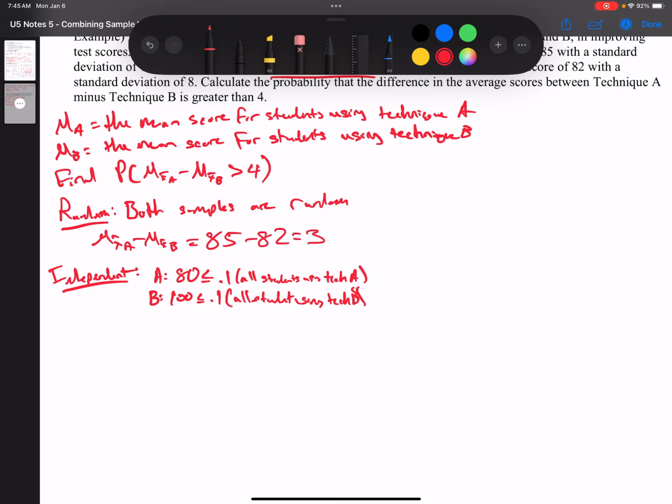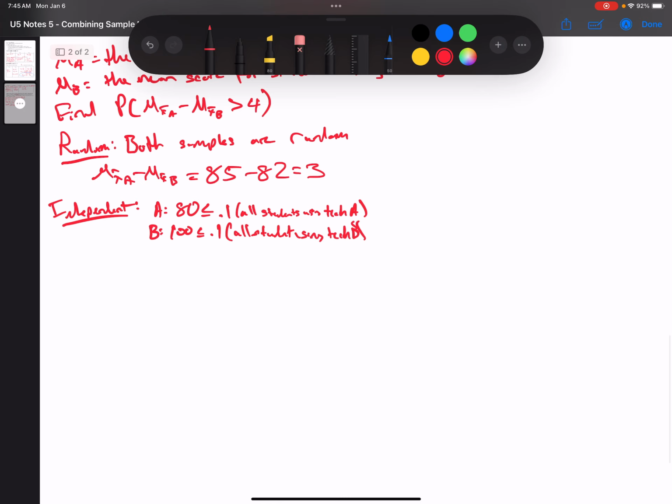In order for us to sample without replacement, we're just going to assume that this is a fair assumption. We're going to assume that this is less than 10%. Okay, so fair or safe assumption, however you want to write that.